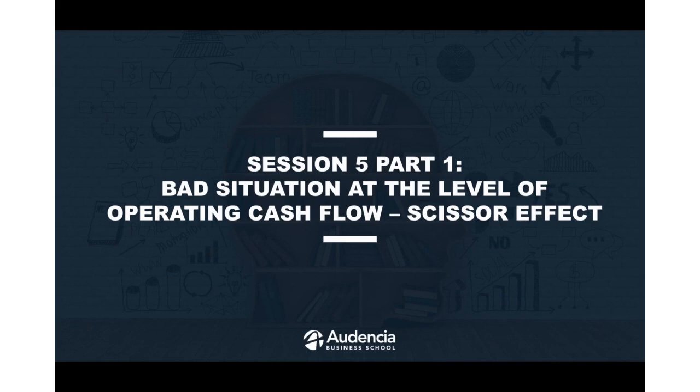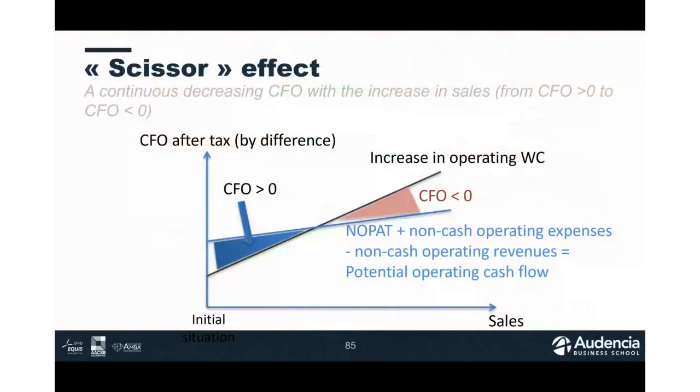We saw during a previous session the problem of the operating cash flow. In the operating cash flow, sometimes because of your activity, because you are using a cost leadership strategy and you are a small company by comparison with the competitors, you have a situation with a huge operating working capital in percentage of the sales revenue. So because of this, the slope is very high.